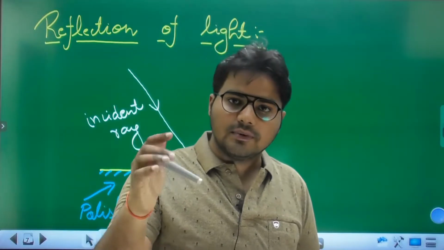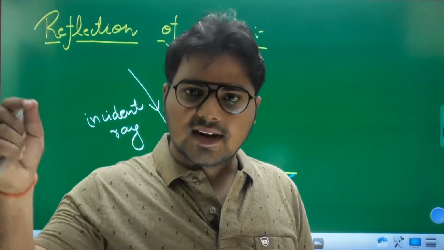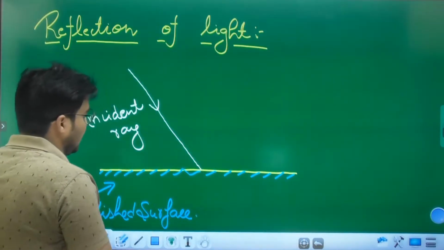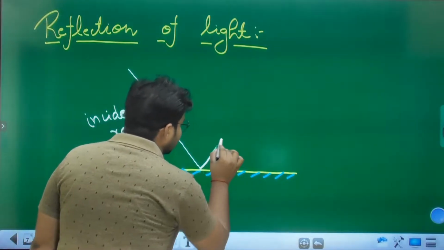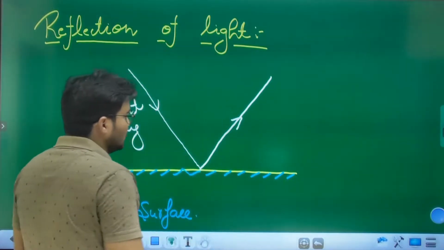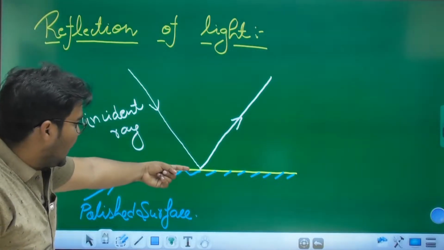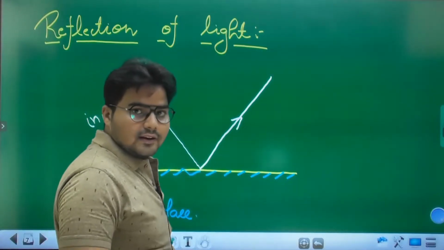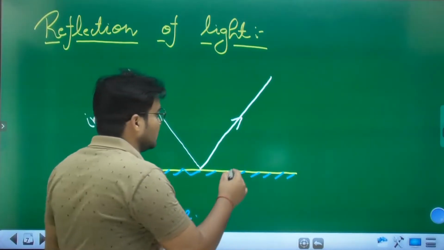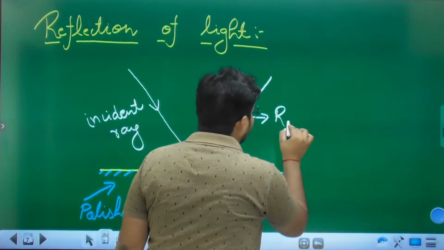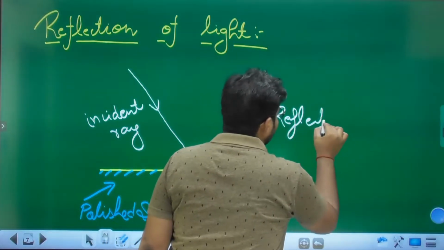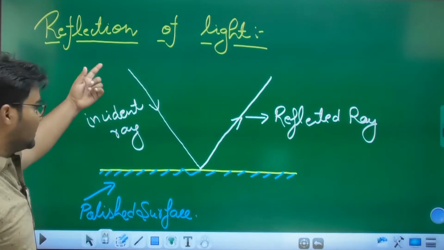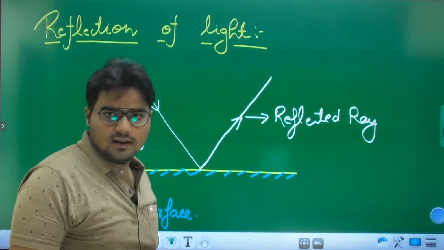When a light ray falls on any object, those rays are called incident rays, and then they bounce back. After striking this surface, the rays bounce back. The bounced-back ray is called the reflected ray. So this one is the incident ray and this one is your reflected ray.